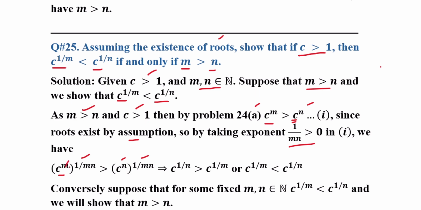By cancelling m here, we have c raised to power n remaining, and when we cancel n with n, we have c raised to power 1 over m here. Or in other words, c raised to power 1 over m is less than c raised to power 1 over n, that is required.